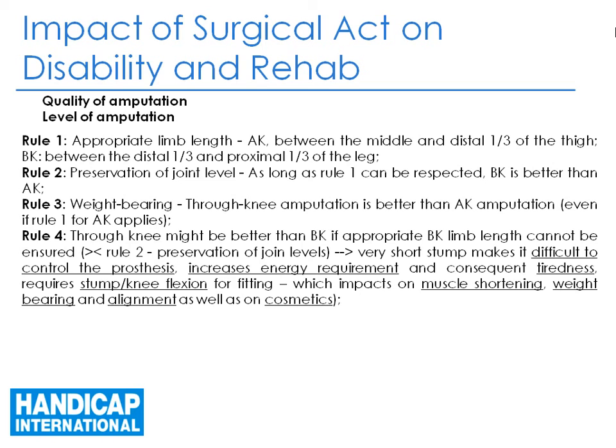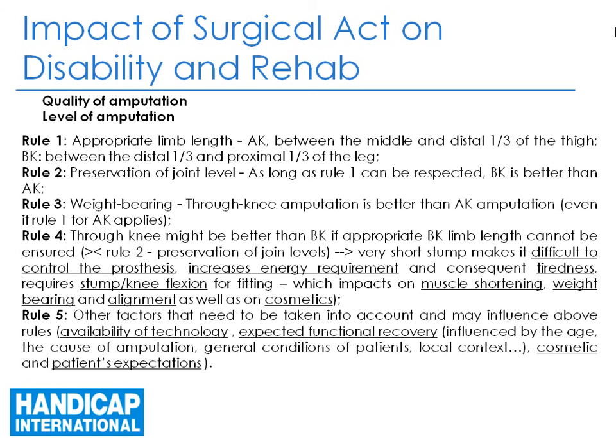So those are 4 rules that are quite clear. Unfortunately, there's a 5th rule that says that there are other factors that need to be taken into account. We cannot just base a decision on the 4 rules over there. There are other factors. I mentioned, for example, the availability of technology. So I said I would prefer a through-knee amputation than an above-knee amputation.